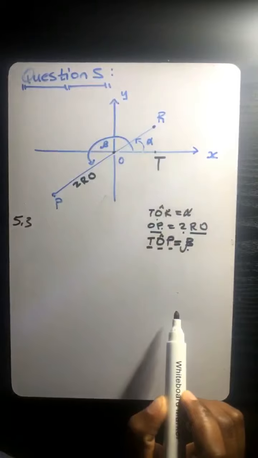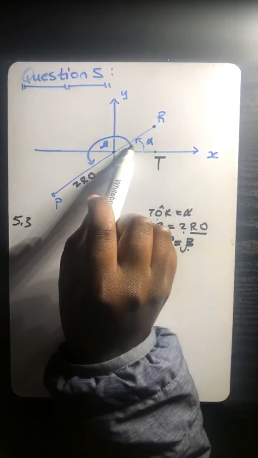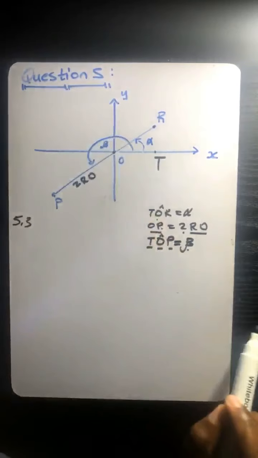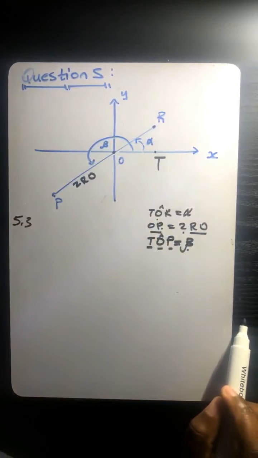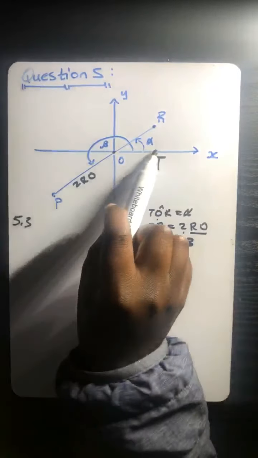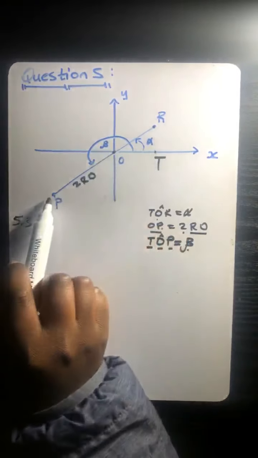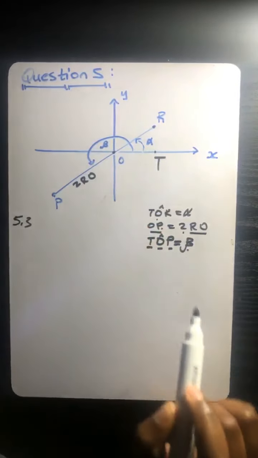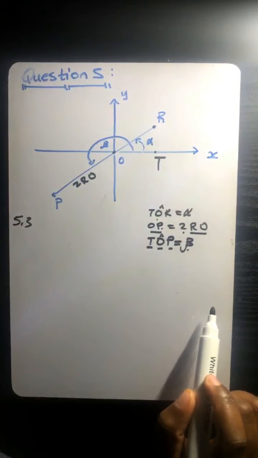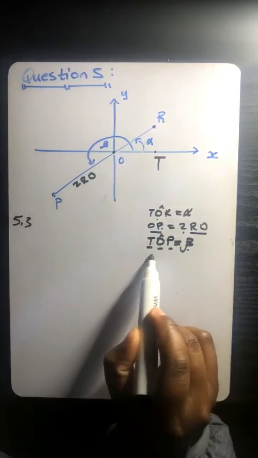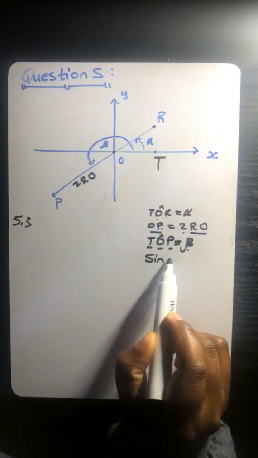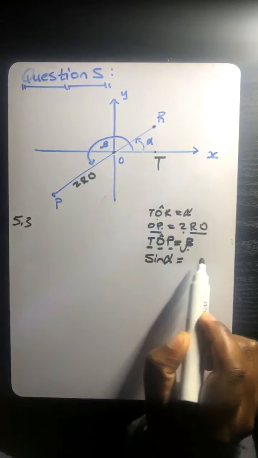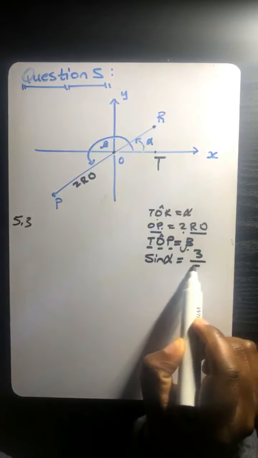Where is beta? It is drawn there, and they're saying this angle is beta. In triangle TOP, there is T, there is O, there is P, and the angle formed is equal to beta. Then they say it is given that sine of angle alpha is equal to 3/5.